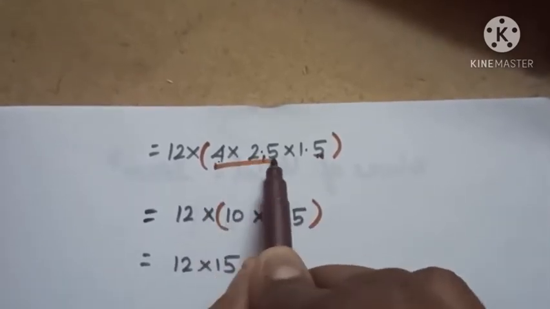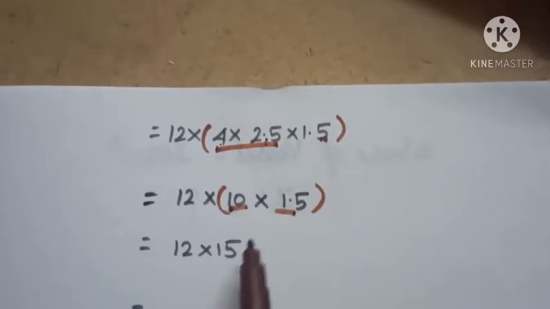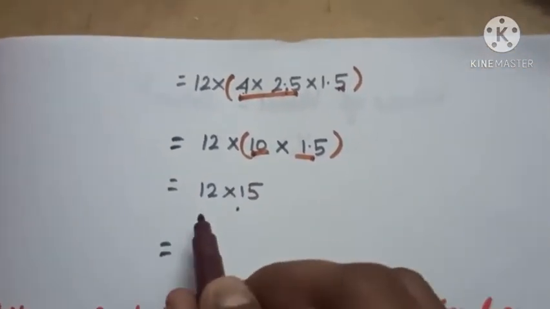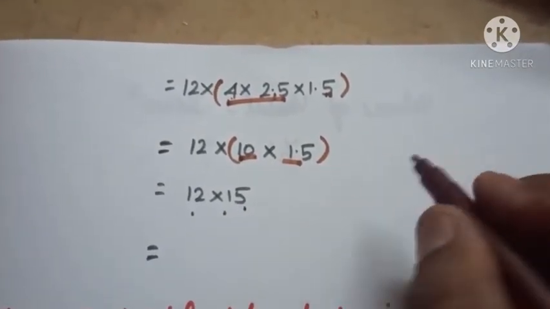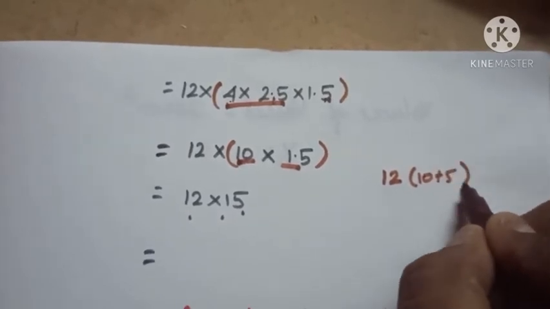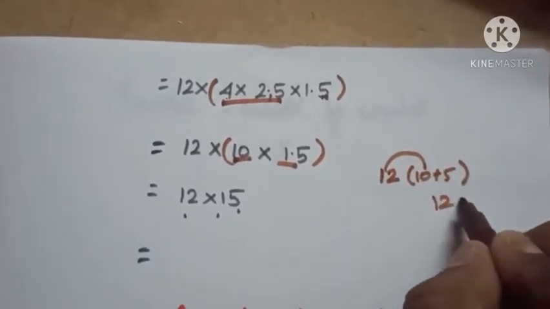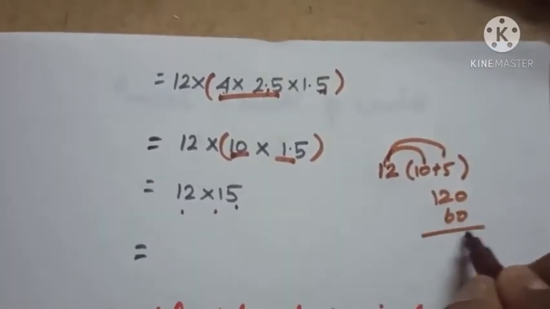So 4 into 2.5 you get 10. Now 10 into 1.5 you get 15. So what is the value of 12 into 15? A shortcut using the distributive property: write 12 into 10 plus 5. So 12 into 10 is 120, and 12 into 5 is 60. What do you get? 180.